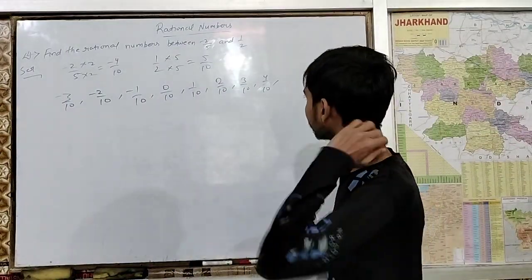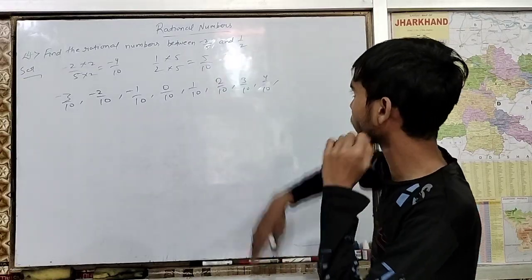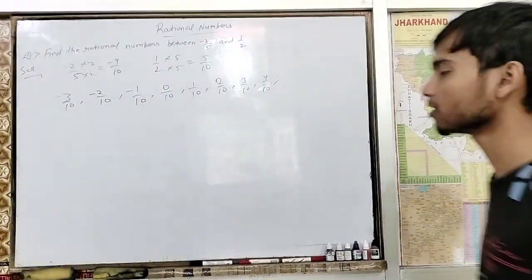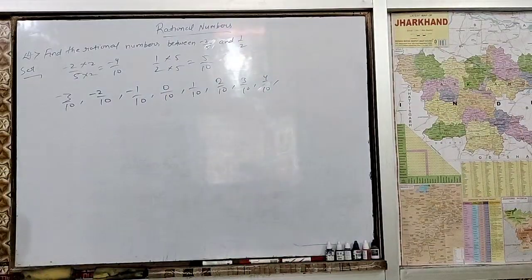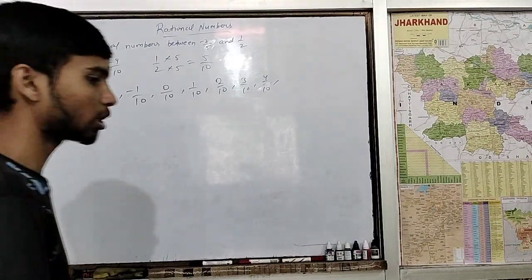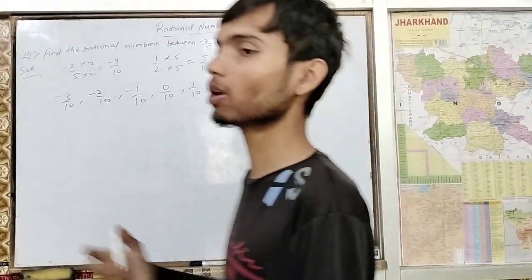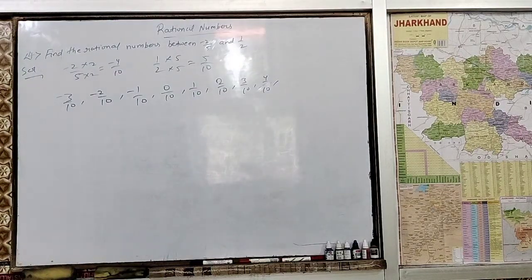Note that 5 upon 10 gives us 1 upon 2. That is how you will find rational numbers between any rational numbers. And you can also find rational numbers between any integers. In this question, we found some rational numbers between given rational numbers. But in the upcoming question, you will be able to find rational numbers between any integers. Okay, so that's all in this. I will take the next lecture in which we will be discussing something else.